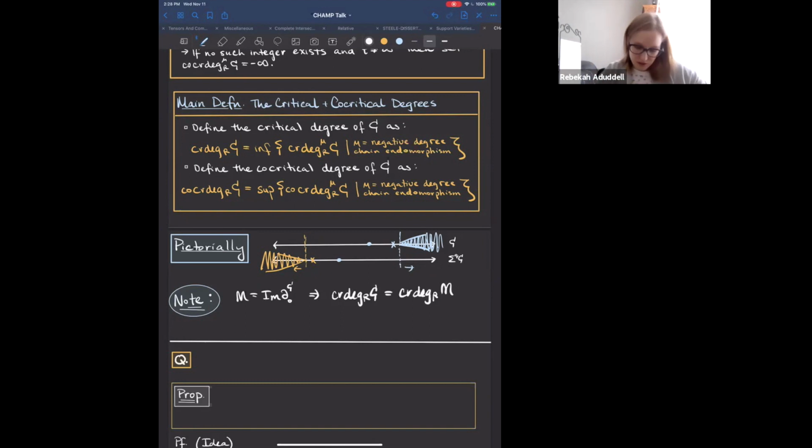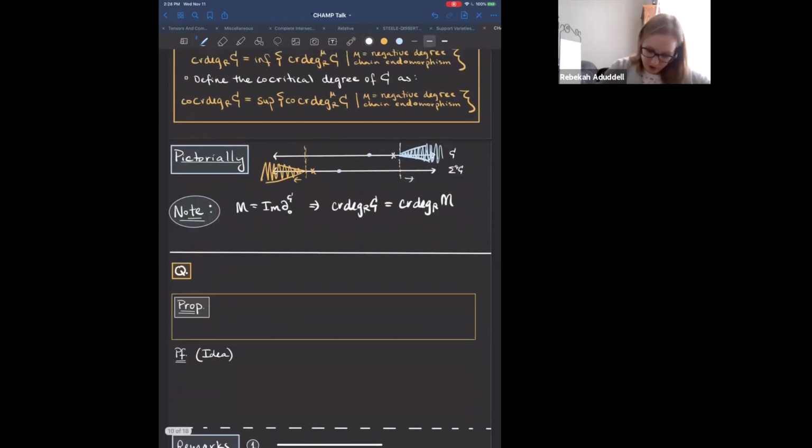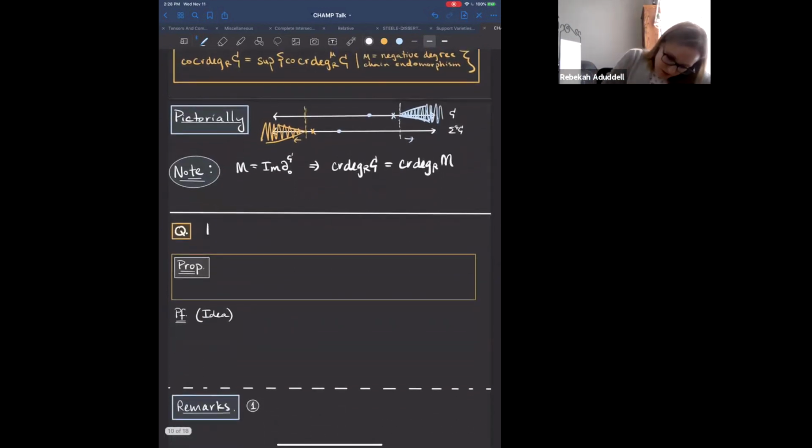And so then probably the most important question is, does this definition, so I've called it definition 1, but also the main definition, make sense in KTAC?